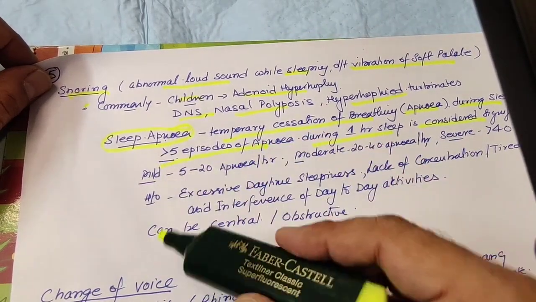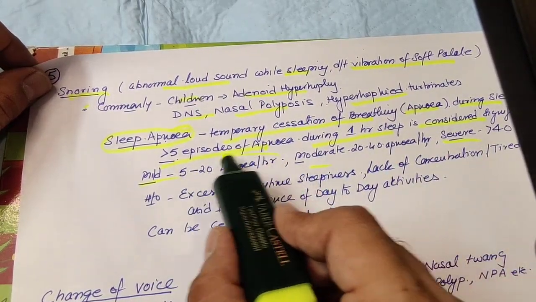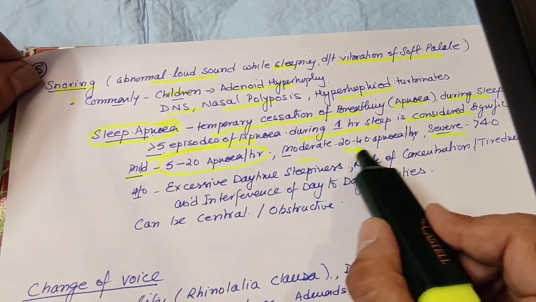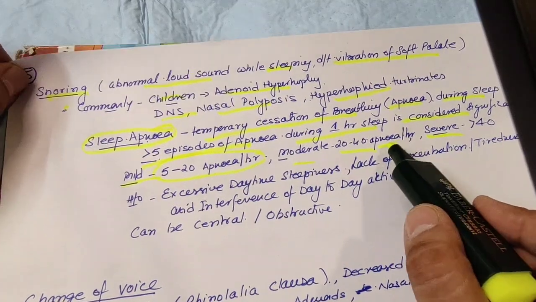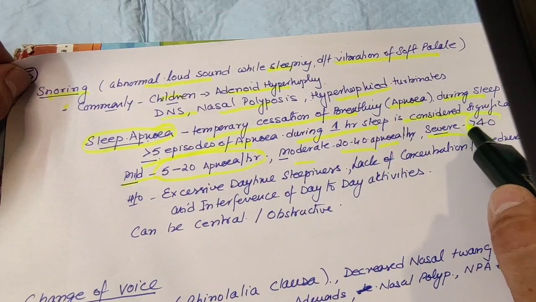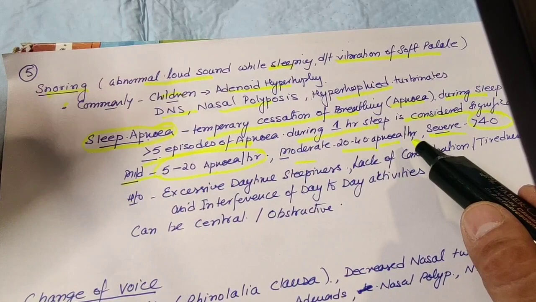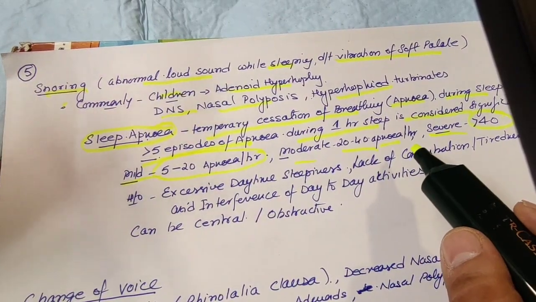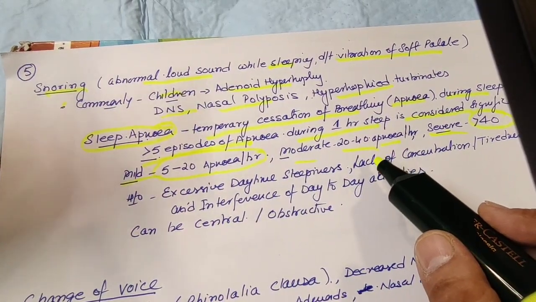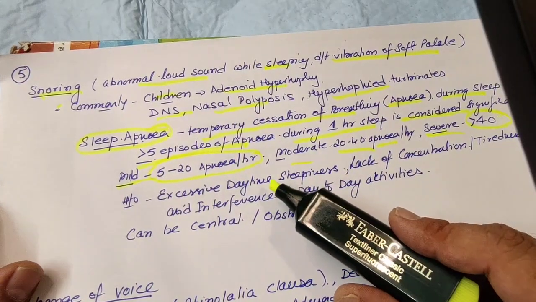And you have various ratings as mild, moderate, or severe apnea based on the number of apneas that we have during an hour. It can be 5 to 20 in mild, 20 to 40 in moderate, and severe apnea is more than 40 episodes of apneic spells in an hour, each lasting only a few seconds, but there is a temporary cessation which is noticeable, especially told by the patient's attendant who sleeps with the patient.